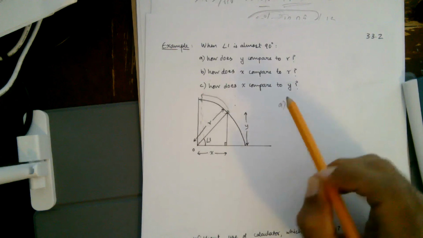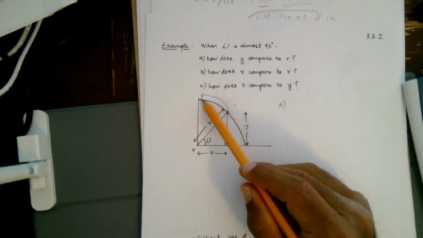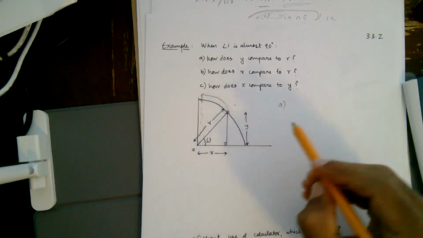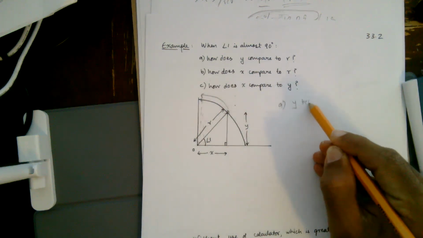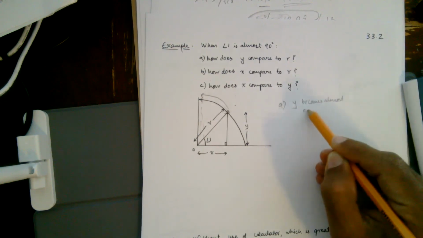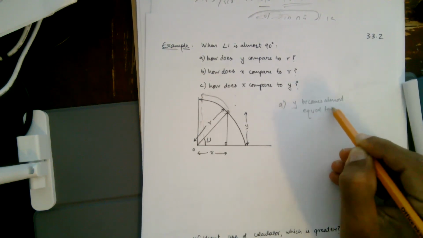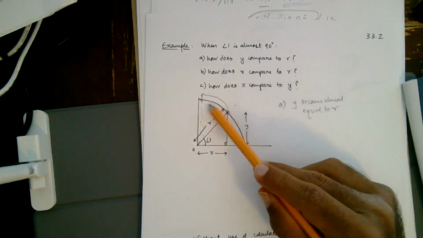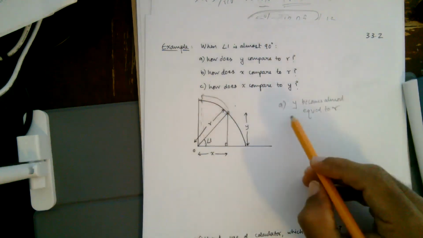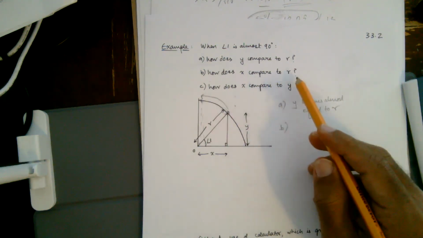As this point gets closer and closer up here, you notice that this height, which is Y, becomes almost equal to R. Right? Because you see the height is increasing. How does X compare to R?